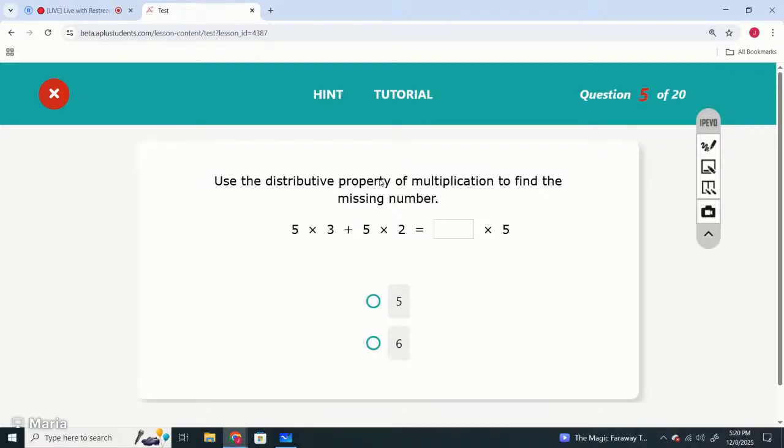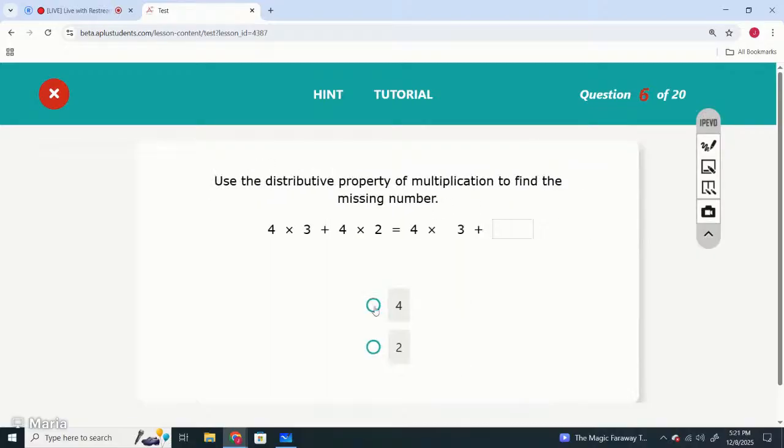It is option number 1 that is the correct option. Okay, you can complete the lesson by yourself later today. Let me just move on to the next lesson.